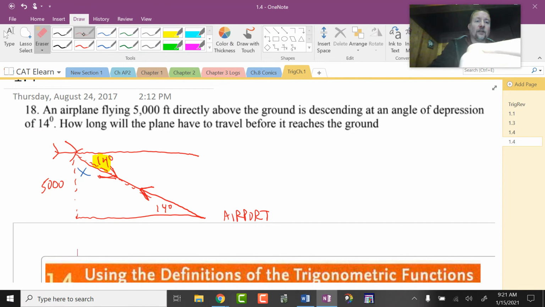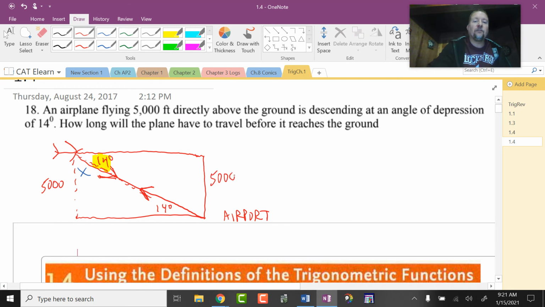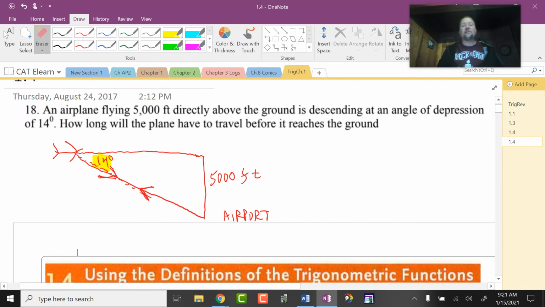And actually, I'm going to end up drawing a rectangle here. This is 5,000 as well, even though the plane's way over to the left. So the true angle of depression triangle is actually this one, with the 14 degrees in that little position right there.